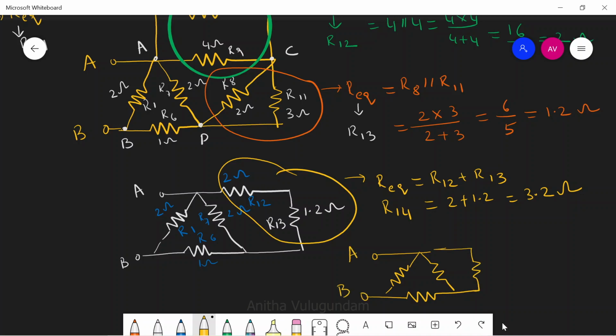A, B. 2 ohm R1, 1 ohm R6, 2 ohm R7, and this is 3.2 ohm R14. Okay.